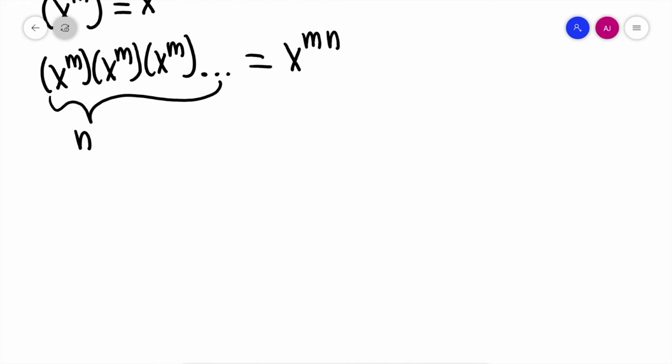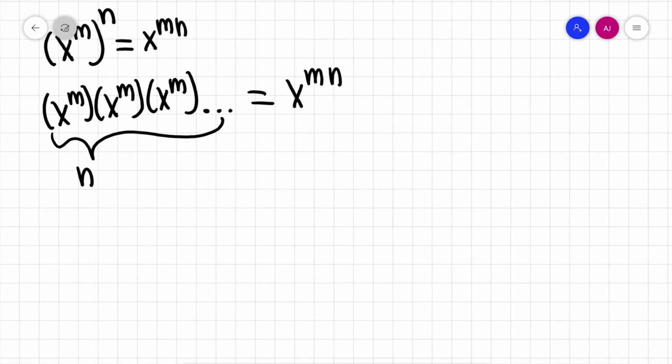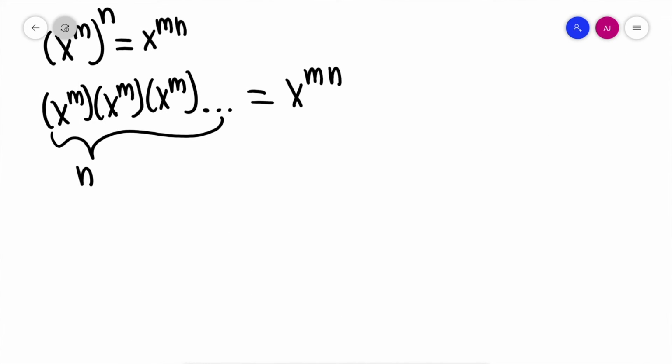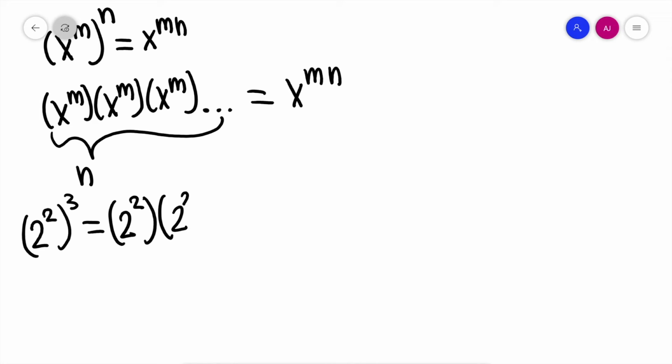I think the best way to understand this property is to do an example. So if you have 2 raised to 2, all raised to 3, the first thing you ask is, what does that mean? That means you are taking 2 raised to the 2 and multiplying it 3 times, so you have this number 3 times.